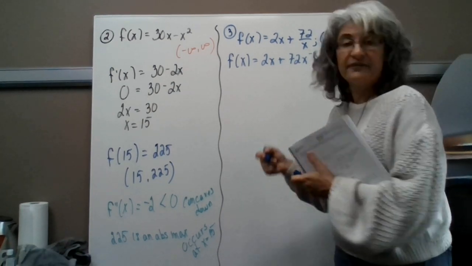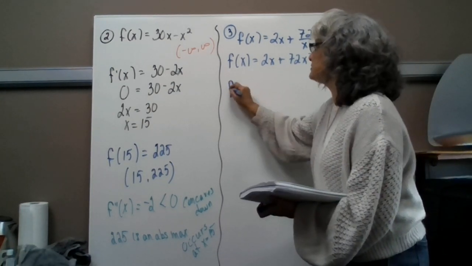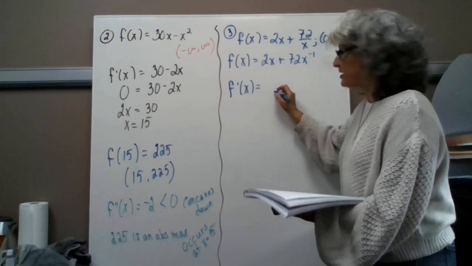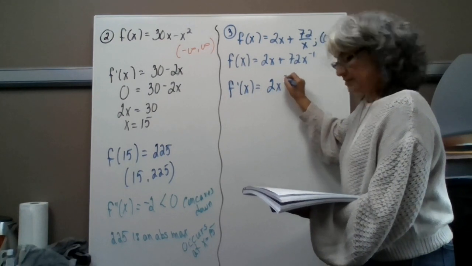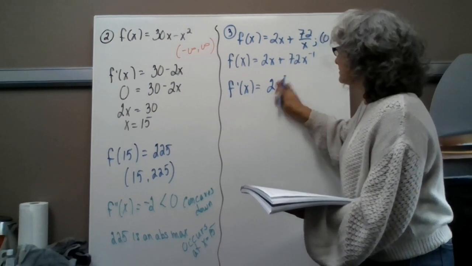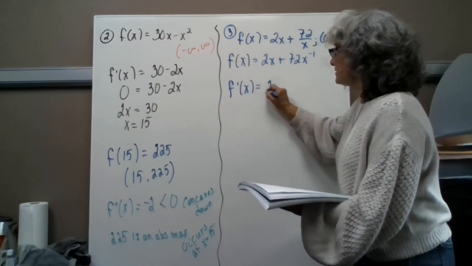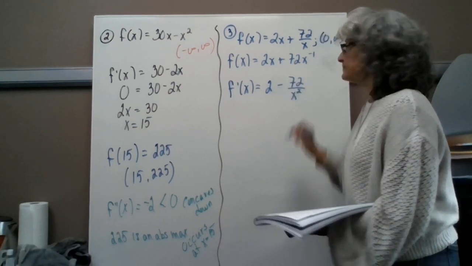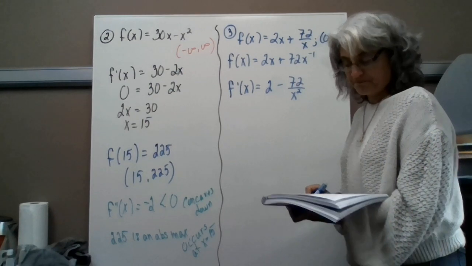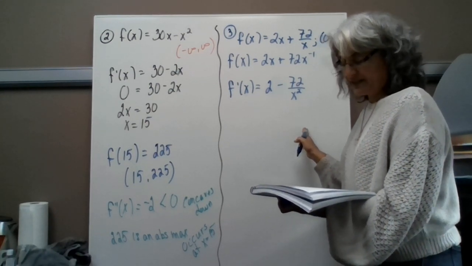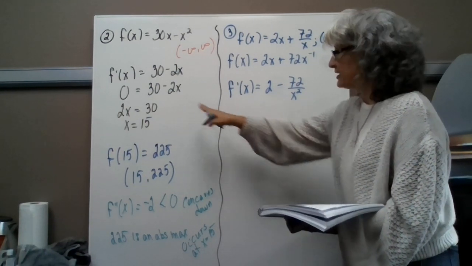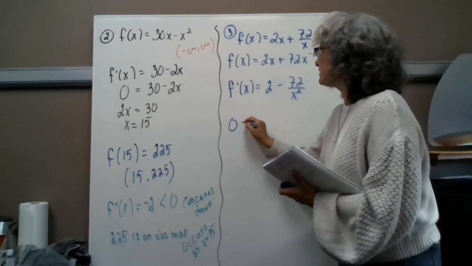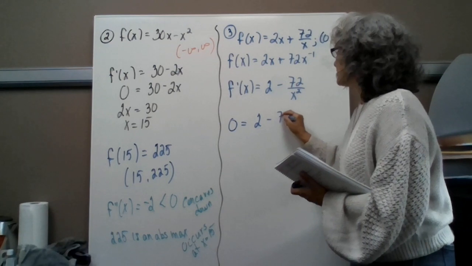And again, I've done the work. So derivative number 1, after all is said and done, looks like this. Okay? And now you're going to take this and you're going to set it equal to 0, just like we did over here, so you can find the critical value.